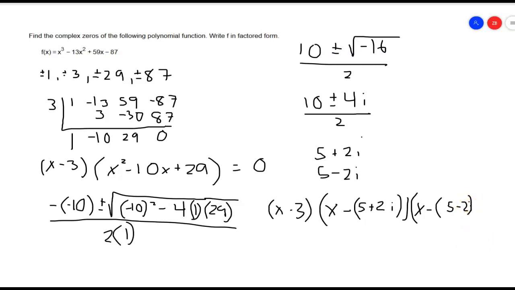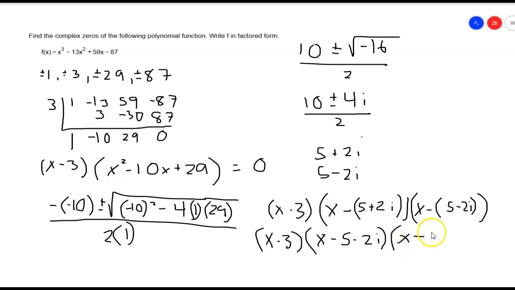Then finally, if we want to distribute those minus signs, this is going to be x minus 3 times x minus 5 minus 2i times x minus 5 plus 2i. And that should be our final answer.